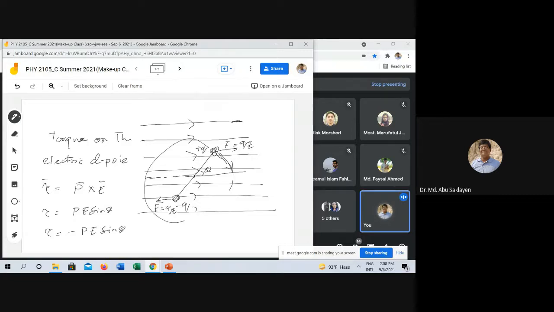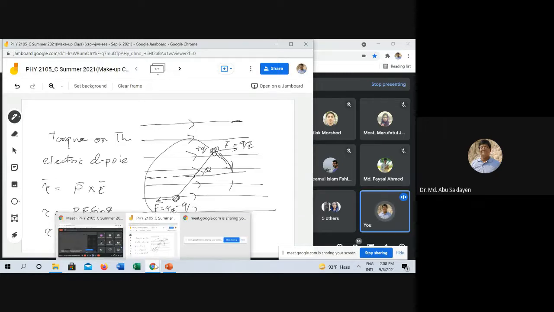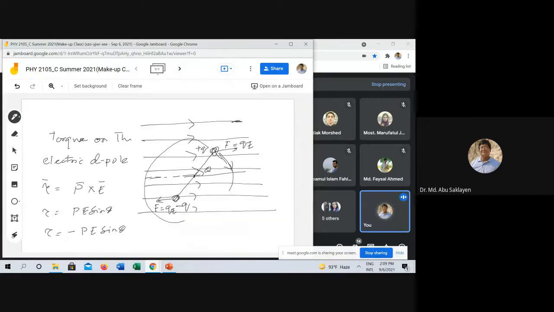That means there is no change in direction, no change in magnitude. E is constant. It means that there is no change in direction, no change in magnitude.